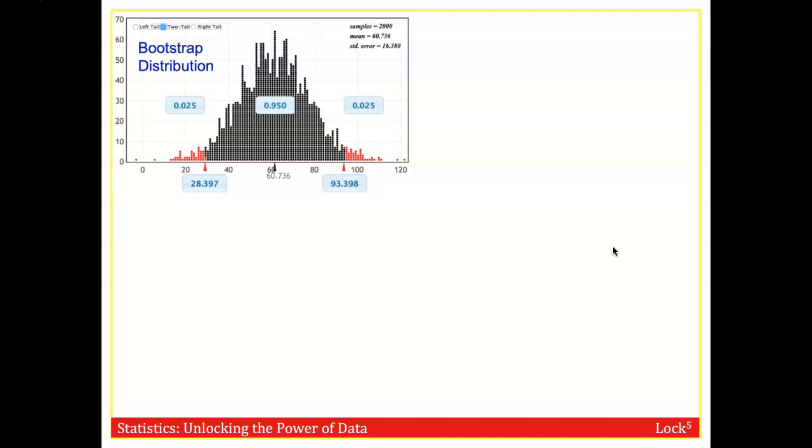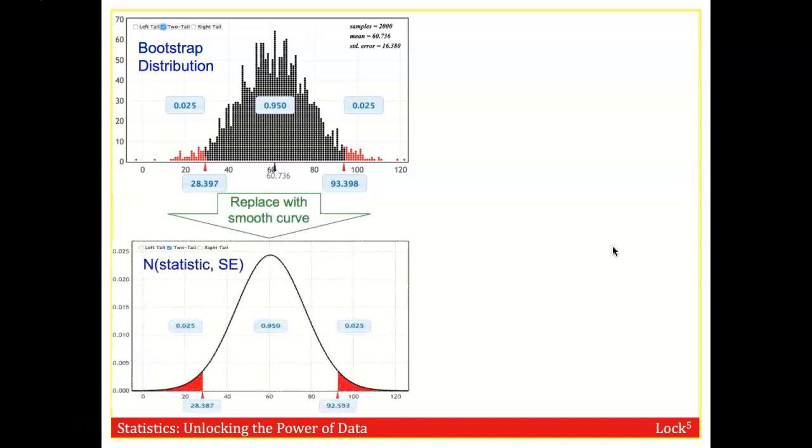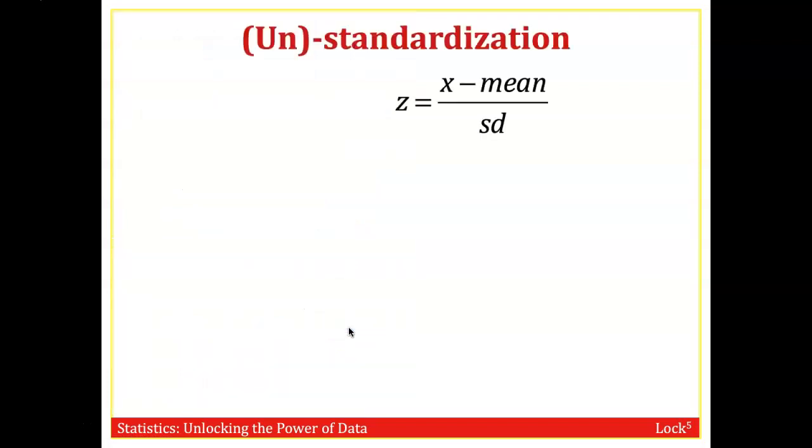We start with a bootstrap distribution, and we replace that with a normal distribution centered at the original statistic, with the standard error that we get from the bootstrap distribution. Okay? And that led to our confidence interval by taking the middle 95%.